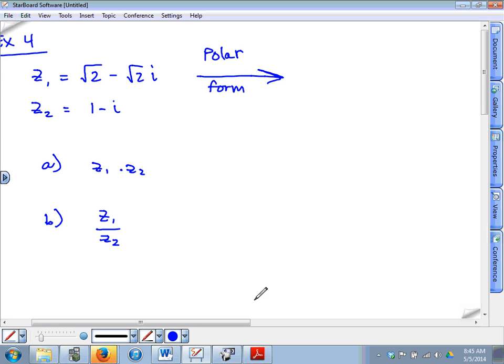So for that first one in polar form, what is it going to be? We need to know R, and we need to know theta. R is going to equal the square root of a squared plus b squared.